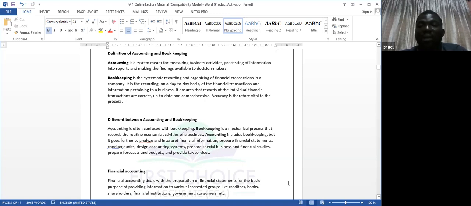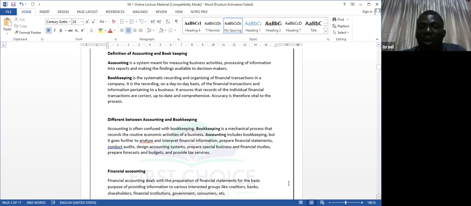So accounting is a systematic way of recording transactions, and it can also be defined as a systematic way of recording, classifying, summarizing, interpreting and communicating financial information to the users of the financial statements. So accounting goes further and deeper compared to just recording and organizing financial transactions alone. But bookkeeping is the systematic recording and organizing of financial transactions in a company.